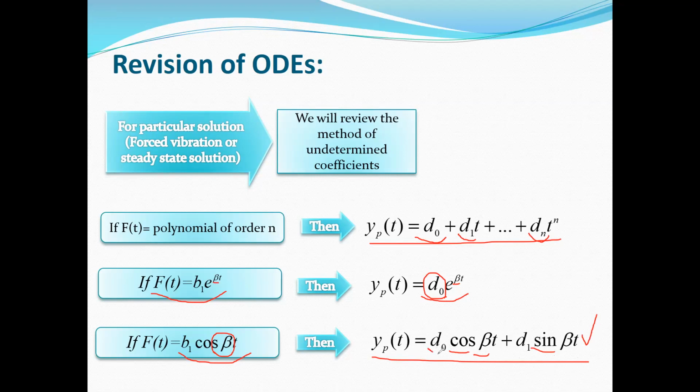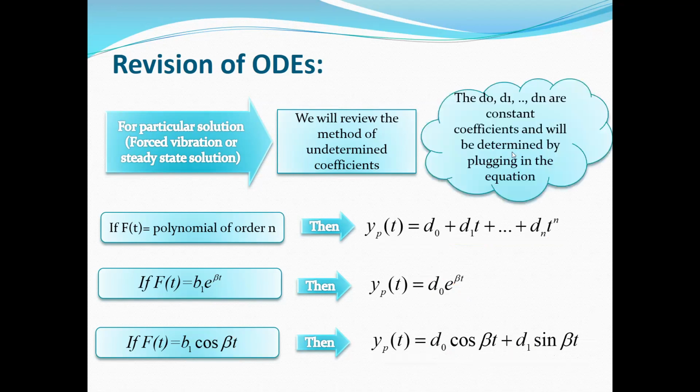And to obtain d0 and d1, we need to plug into the main equation again and solve this equation to obtain d0 and d1. And as I told you, these coefficients d0, d1 to dn are unknown constant coefficients, and they will be determined by plugging into the equations.